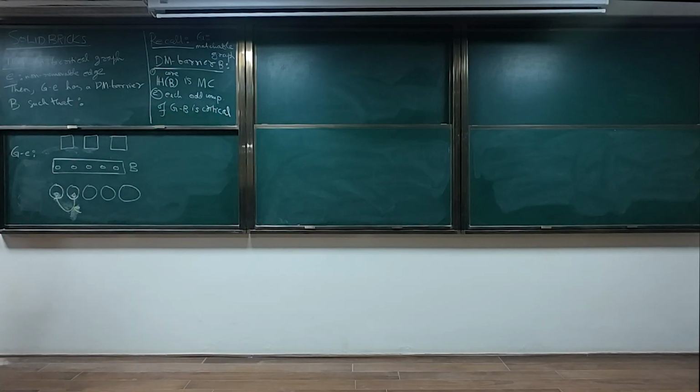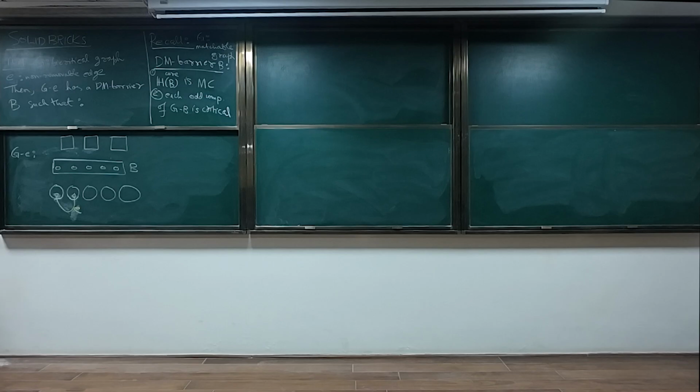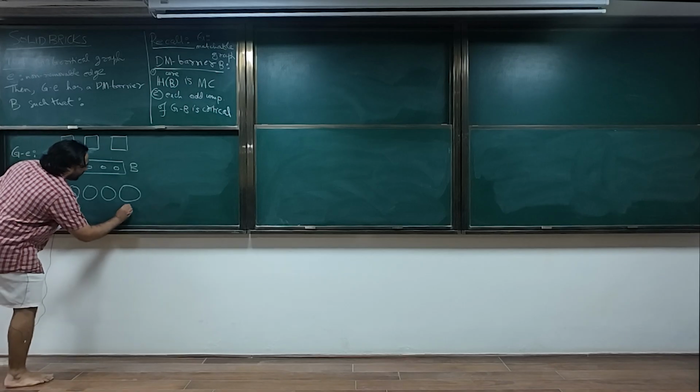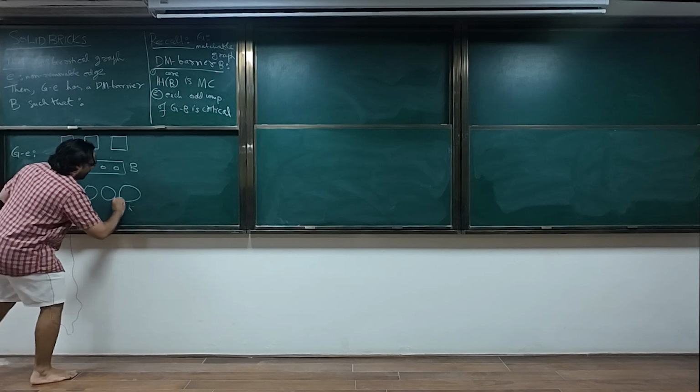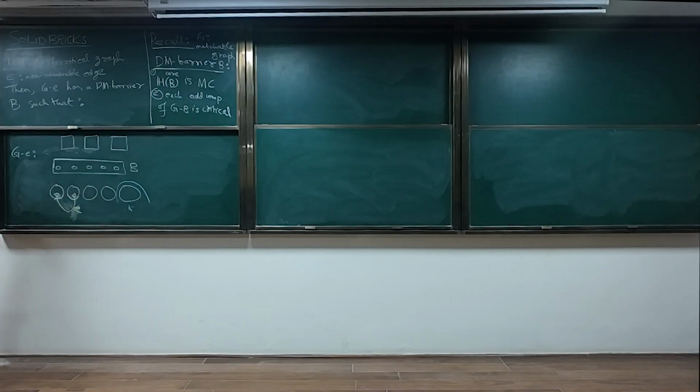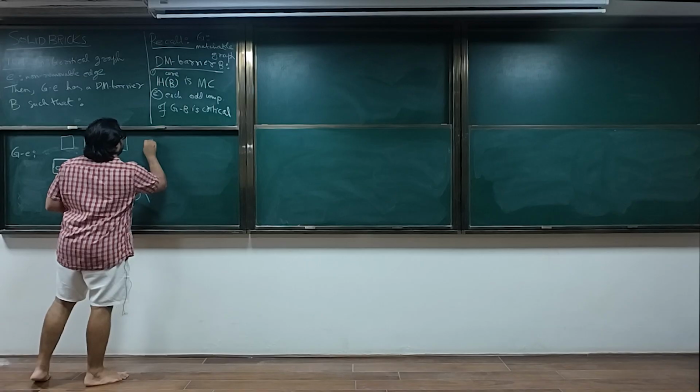And the other property I want is that every odd component is the shore of a separating cut in the original graph G. This sounds very similar to some other things you have done before, where we had the shore of a tight cut. But anyway, for every odd component K, the boundary of K is a separating cut in G. So what are the two properties?